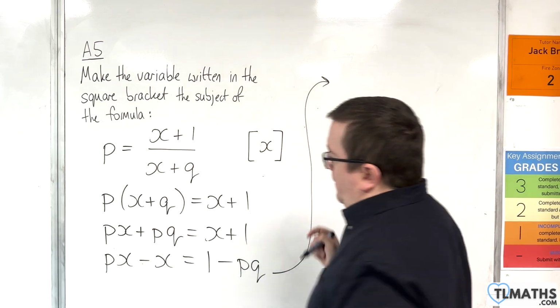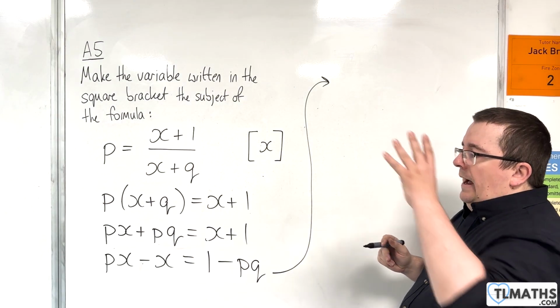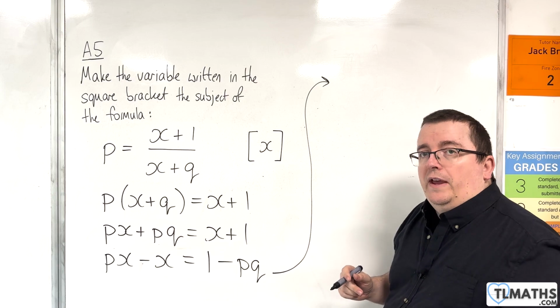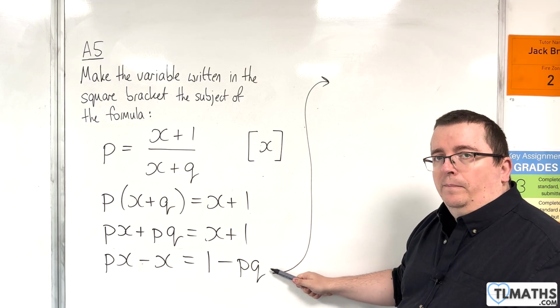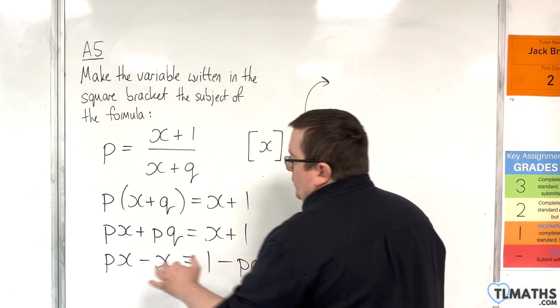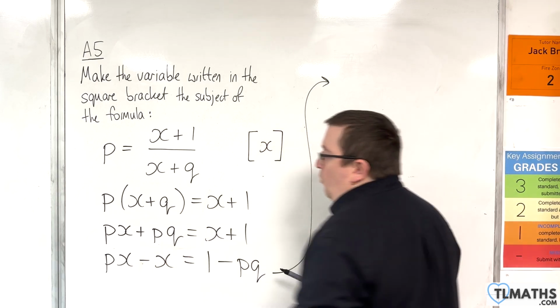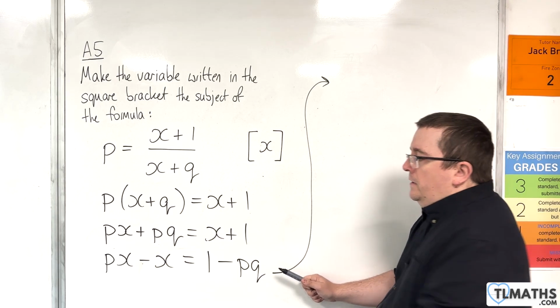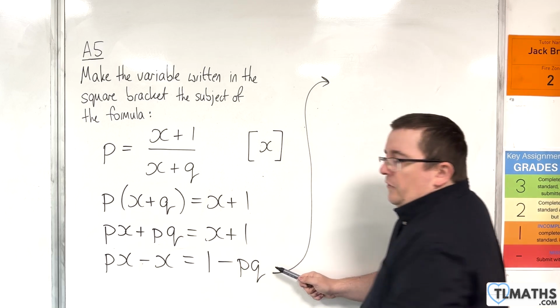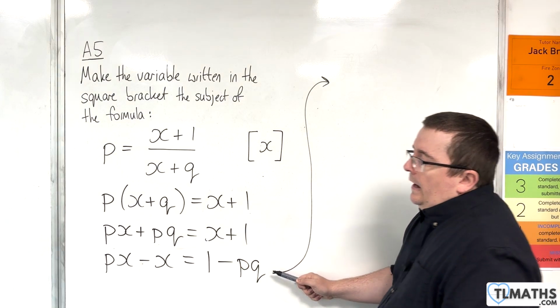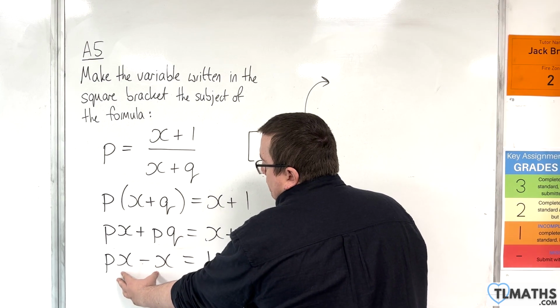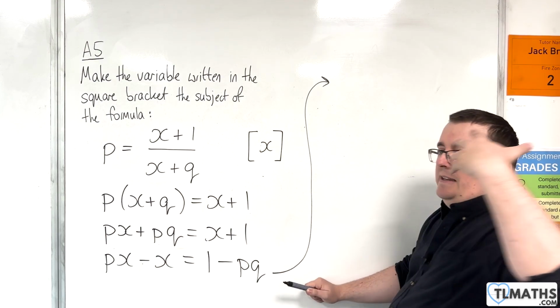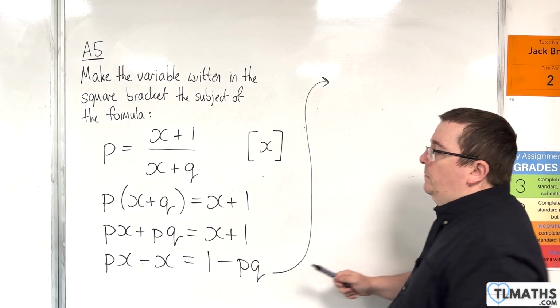Right, let's go up here. And now, once you're at this stage, you are at the stage that we were at for the previous example. We have two terms involving x on one side of the equation, other stuff not involving x on the right-hand side, and you can now factorise that left-hand side. So we're returning exactly to that process that we did in that first example.